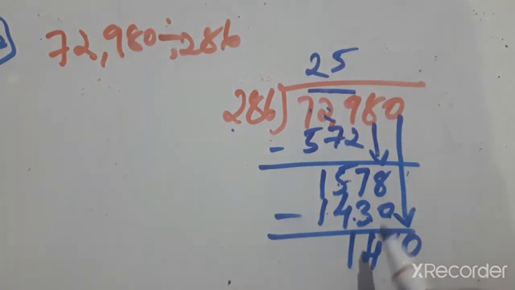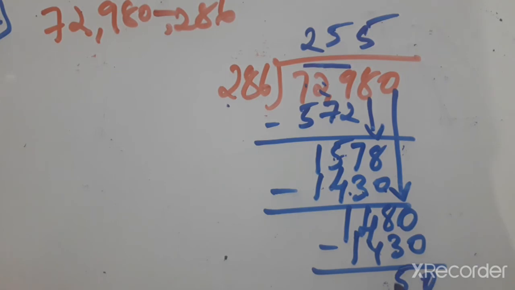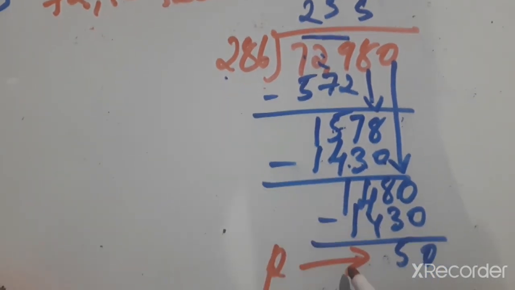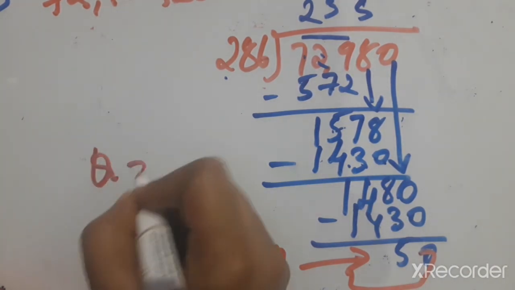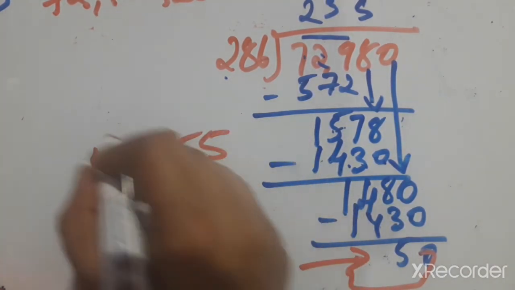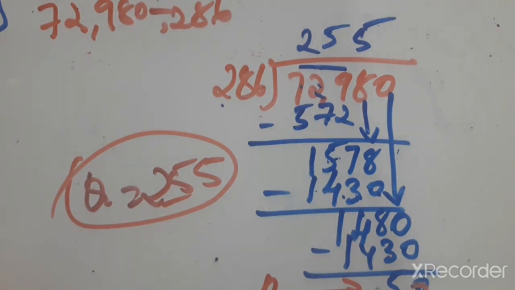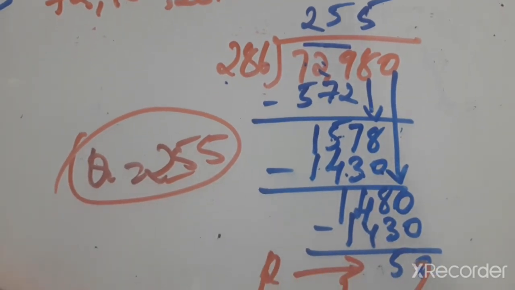So 286 times 5 is 1,430, that is the only nearer one. 0 minus... 5. Remainder is 50. Remainder is 50 and quotient is 255. Quotient is 255. Remainder is 50.